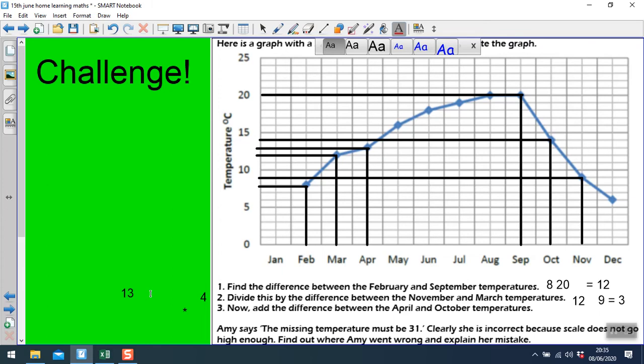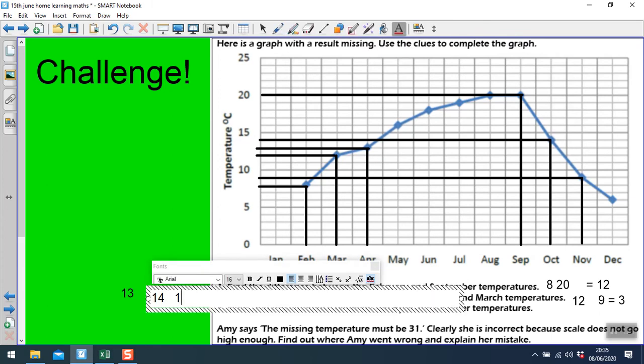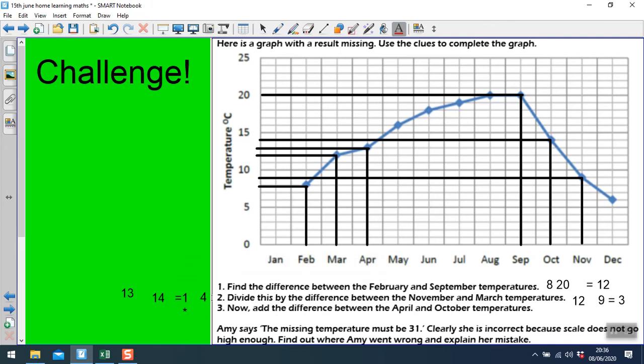So the difference between 13 degrees and 14 degrees equals 1 degree. So I've got to add 1 degree to 4 degrees. So that's 5, which means that in January the temperature was 5 degrees. Well done if you got that right, and we can join them up.